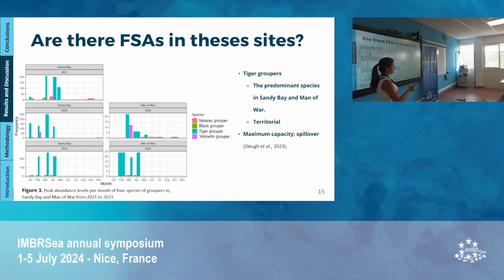And usually the range to the other site is approximately between 4 and 7 kilometers. So this could be happening between Sandy Bay and Man of War. Why? Because the distance between these 2 areas is 5 kilometers. And also here the spawning event was observed and also the secondary indicators were recorded.